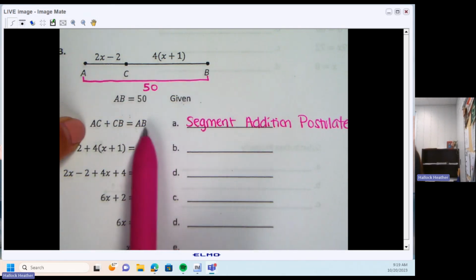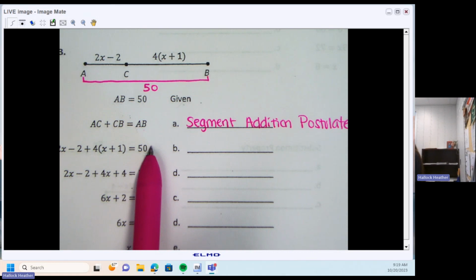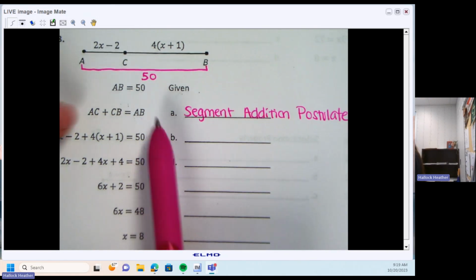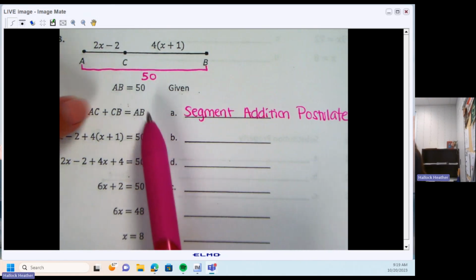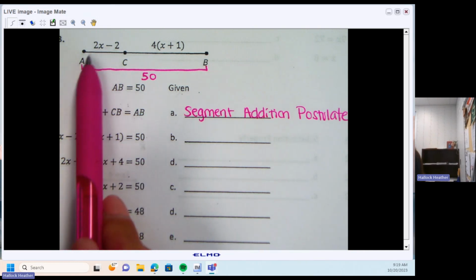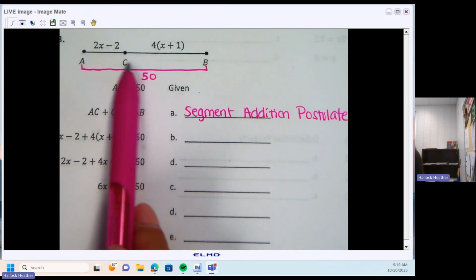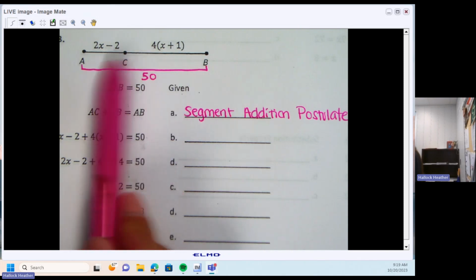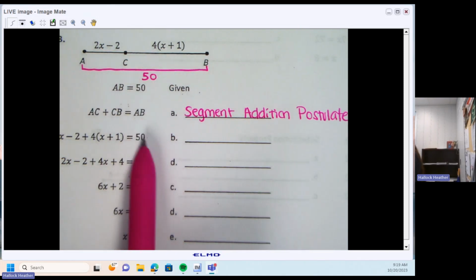So from here to here, we went from all letters to plugging in numbers. So if I have a problem where I'm taking letters and replacing them with numbers, because I know AC is 2x minus 2, and I know CB is 4 times x plus 1, and I know the whole length is 50, what is that technically called in math when I replace letters with numbers?